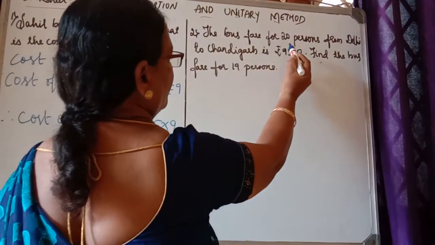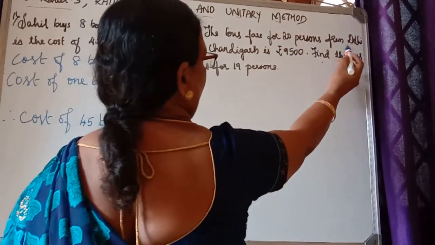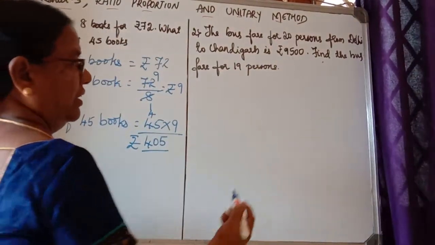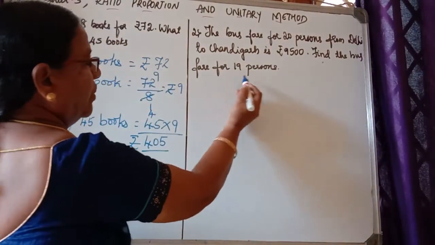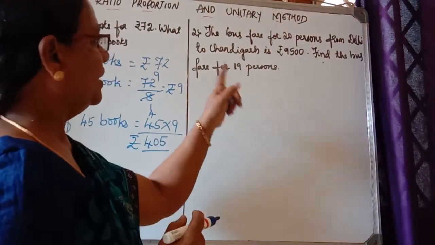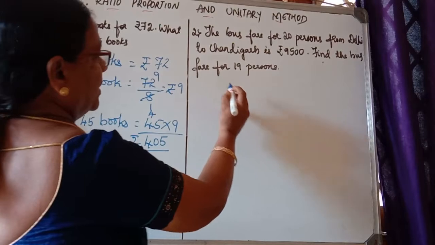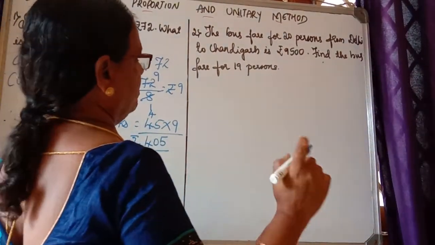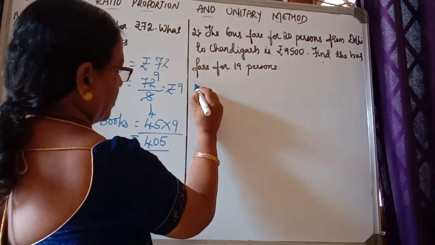The bus fare for 20 persons from Delhi to Chandigarh is rupees 9,500. Find the bus fare for 19 persons. We can't find it directly for 19. So first we have to find the bus fare for 1 person.